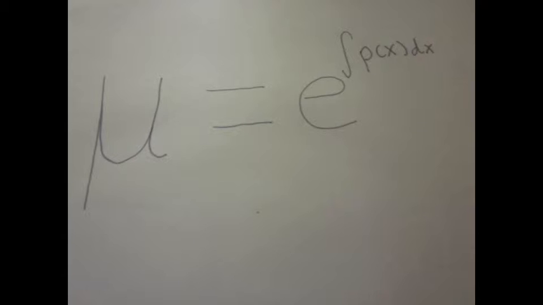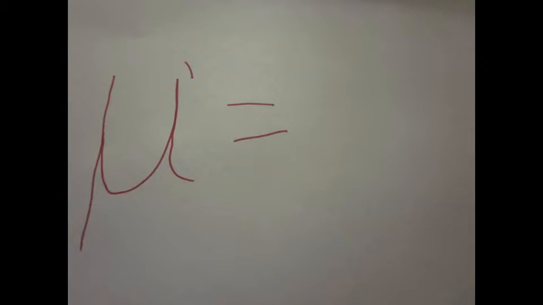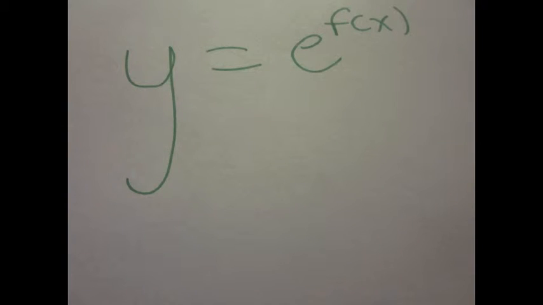Right now, we're going to find the derivative of this mu early on, because it'll be a lot helpful later if we do the derivative right now. So mu is expressed as an exponential, and we know how to deal with exponentials and taking the derivative just by using the chain rule.